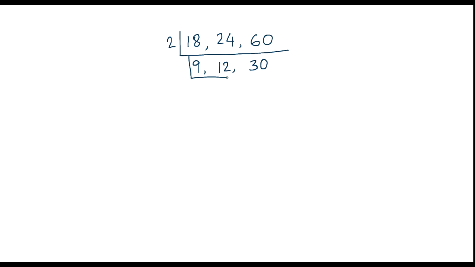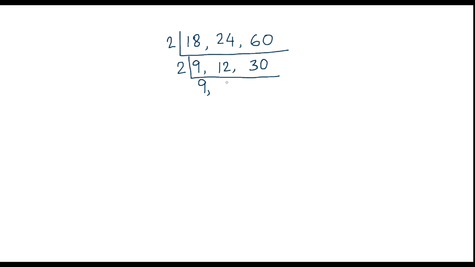Next step will be the same. I have to have at least 2 numbers that I can divide with the number I am taking here. 2 are even numbers, so I can easily take 2. And this 9 cannot be divided by 2, so it will remain unchanged.